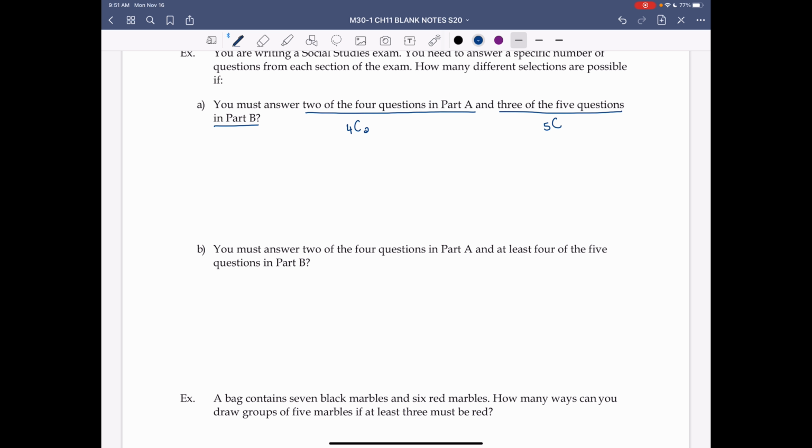It's a combination. You have to answer 3 of them. And we have the word and here. Remember, and means multiply. Then we have 4C2 times 5C3.